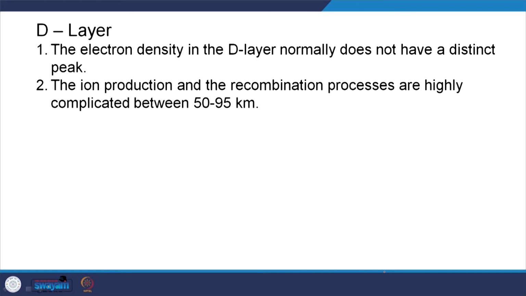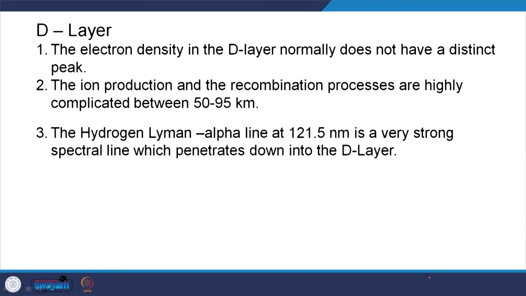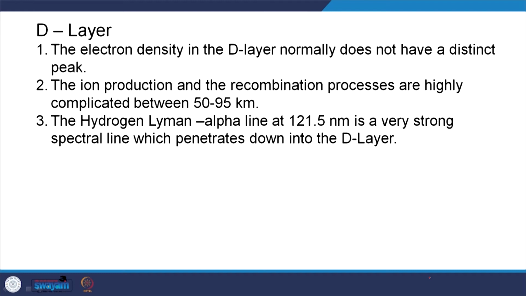The ion production and the recombination processes are highly complicated between 50 to 95 kilometers. Because of the large availability of neutral species, the ion production process as well as the recombination process becomes very complicated to understand. The hydrogen Lyman alpha line at 121.6 nanometers is the strongest spectral line which penetrates up to the D layer.